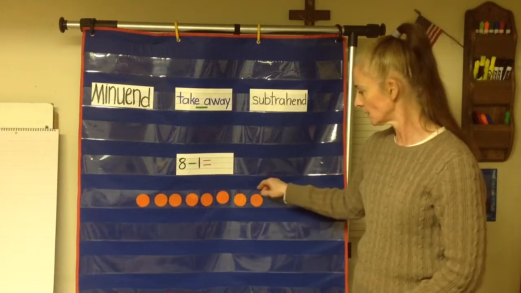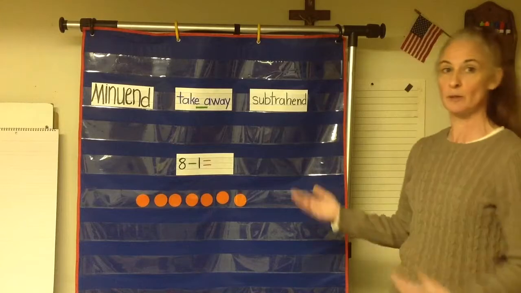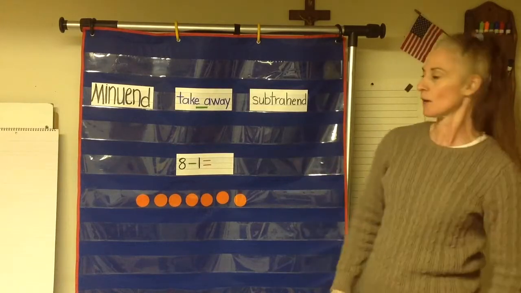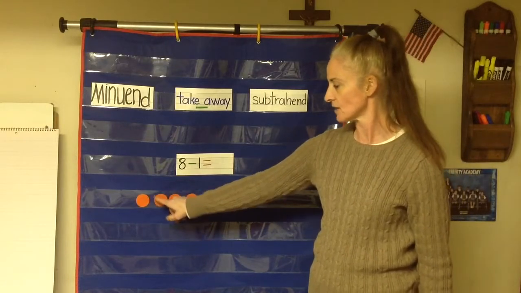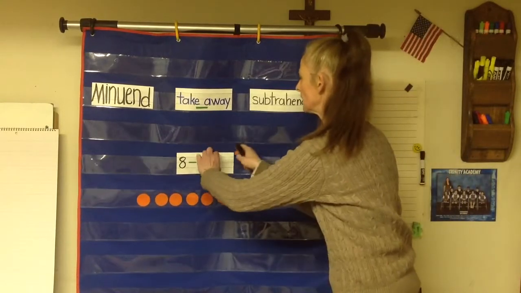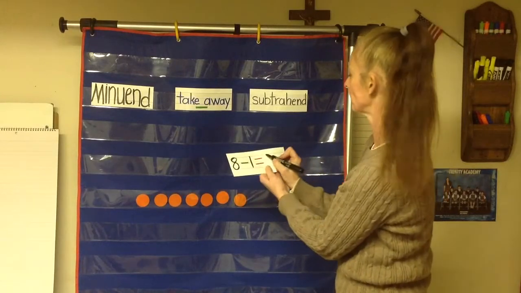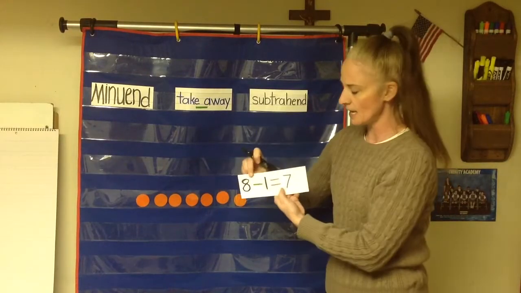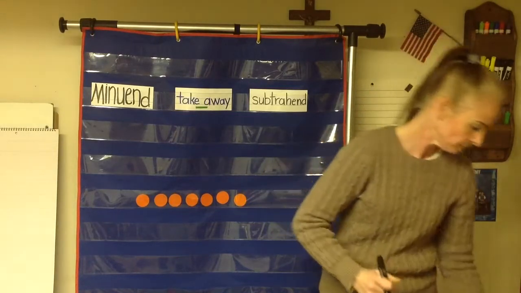Take away 1. Let's see what our difference is. Our difference is, how many do we have left? Let's count them up. 1, 2, 3, 4, 5, 6, 7. Now you can write 7 after the equal sign. Stop and count them up. Equals 7. 8 minus 1 equals 7 is our difference.